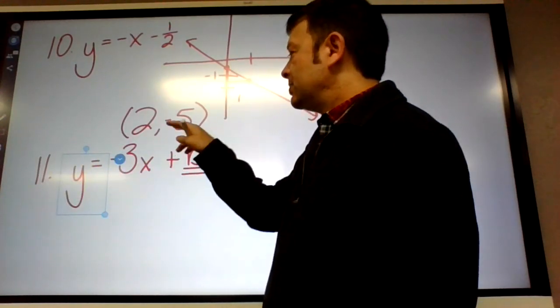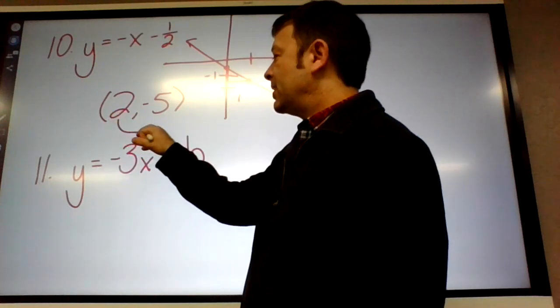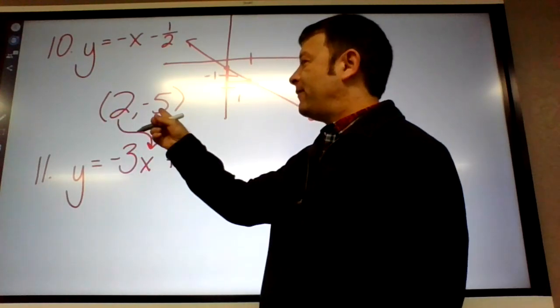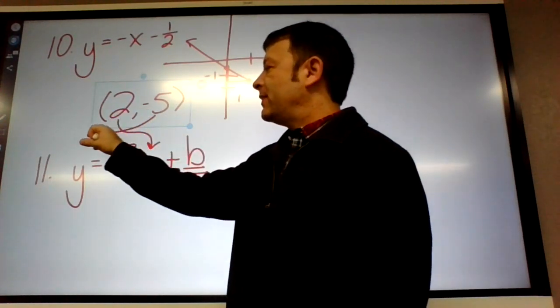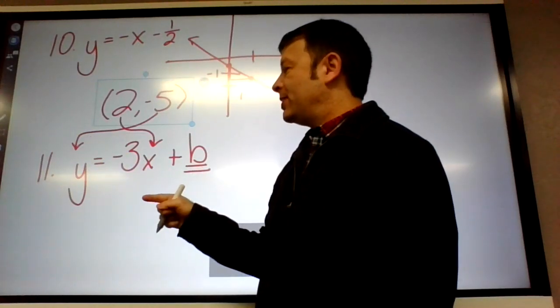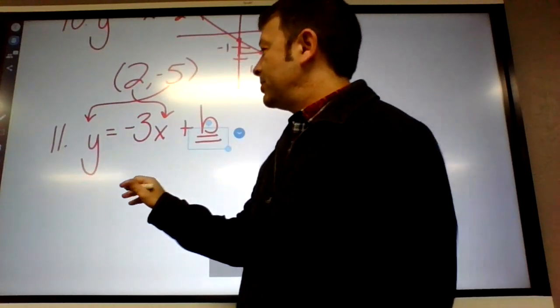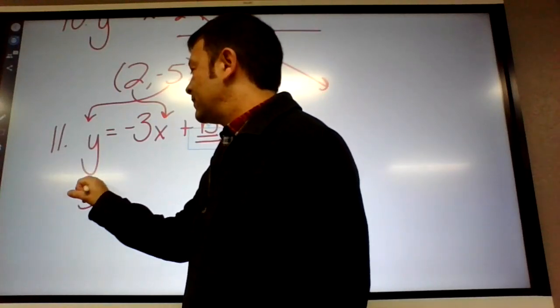So 2 is the what value? The x value. So that's going to go right there. -5 is the y value. So that's going to go right there. That's enough information, if we plug that in, to figure out what b has to be. So I'm going to plug those in. -5.